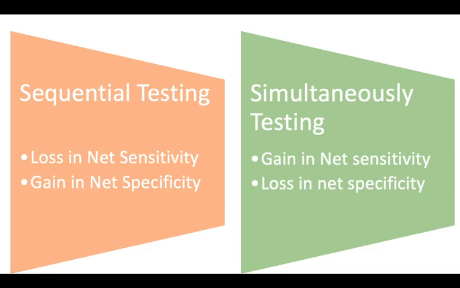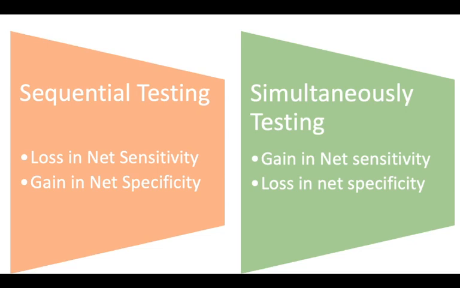Let's say test A is to calculate blood sugar, and we identify a certain set of individuals as diabetic. To confirm that those declared positive are diabetic, we perform another assay called the glucose tolerance test, but only for those who were declared positive in test A. So this is sequential testing.